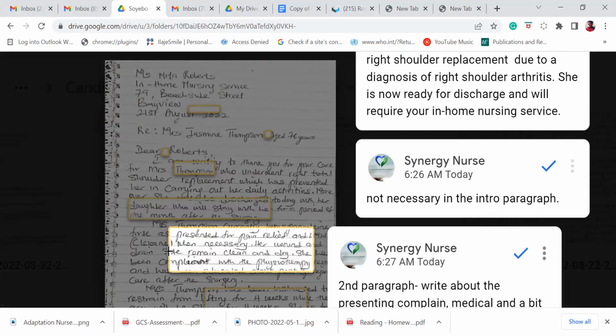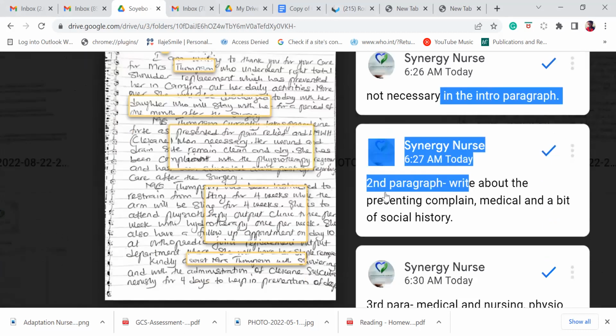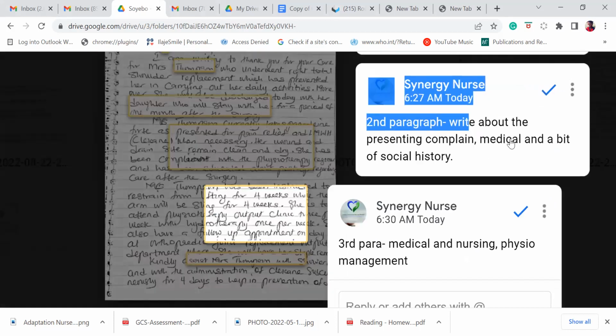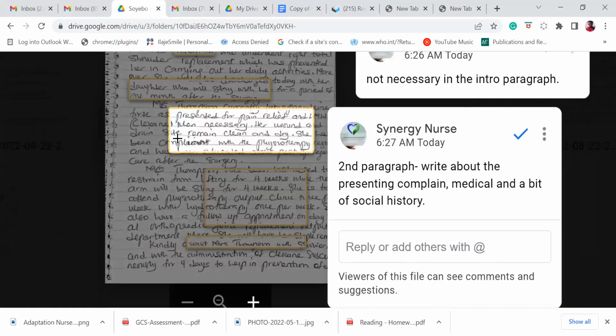Generally, I advise that your second paragraph talks about what the patient presented with in the hospital, a brief of the relevant medical background, a bit of the nursing management, a bit of the presenting complaint, the medical history, and a bit of social history here, because you have a lot from the case notes if you have gone through it. So put a bit of this.